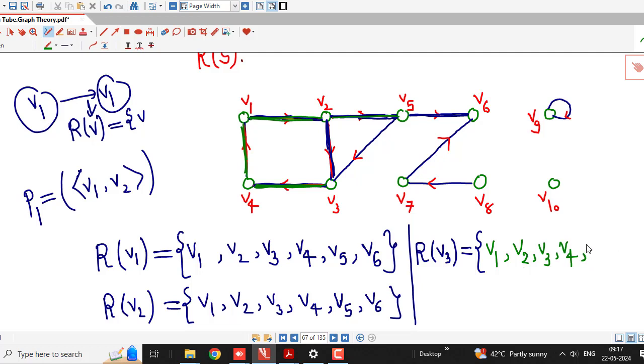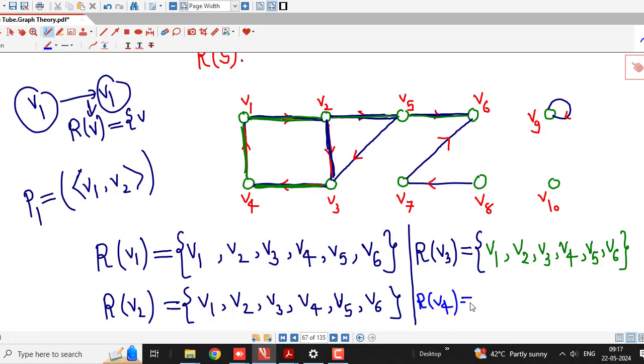That means v5 is also reachable from v3, and if we extend this path starting with v3 in this way, then v6 is also reachable from v3. Now v7 is not reachable from v3. Similarly v8, v9, v10 are not reachable from v3.